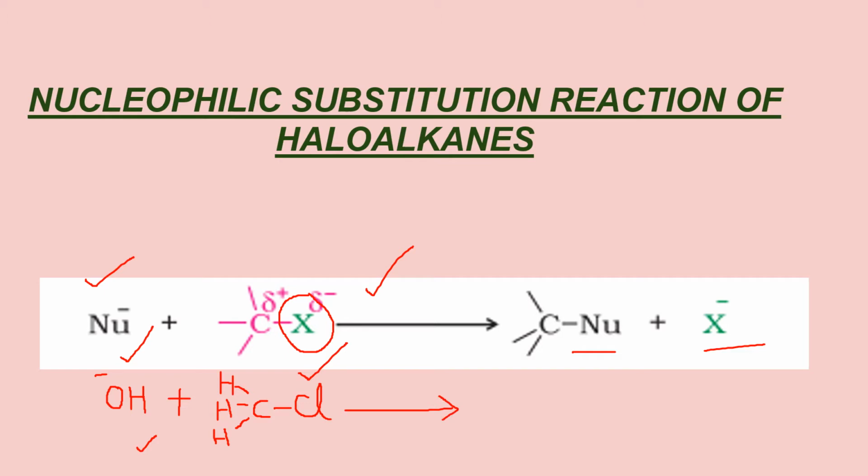So this is going to give me, after the reaction, a compound where Cl has been displaced and OH has come in its place. So from alkyl halide, it's a simple reaction. We are getting an alcohol along with the chloride ion.